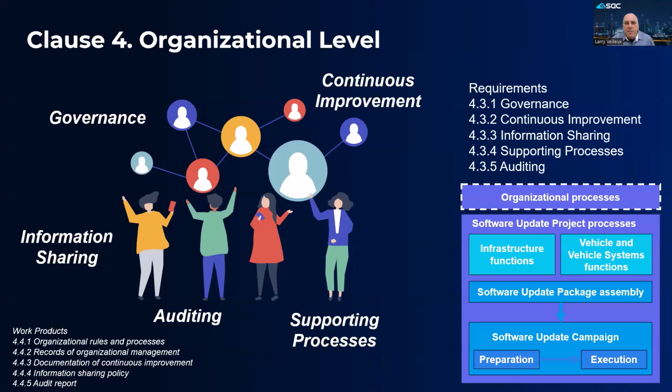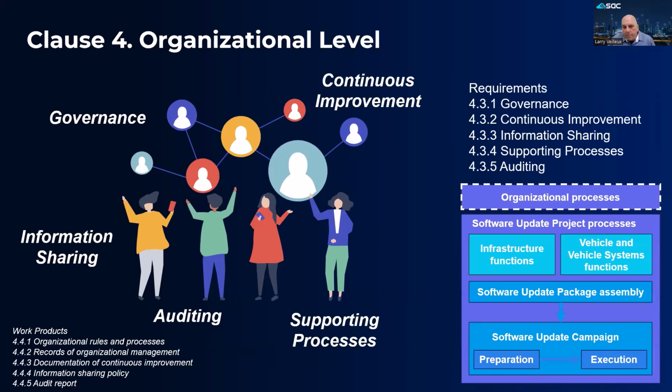Remember that earlier in the presentation, I listed all the normative subclauses and their associated number designations. Also, each will list the associated work product in the lower left-hand corner, which in this case are 4.4.1 through 4.4.5. And another reminder, requirement numbers are listed as subclause 3 and work product numbers are listed as subclause 4.